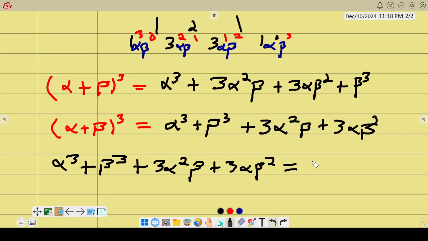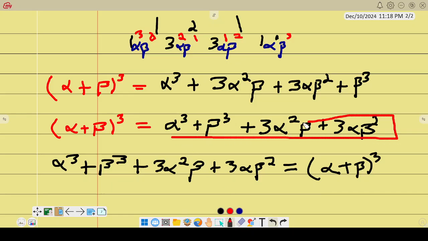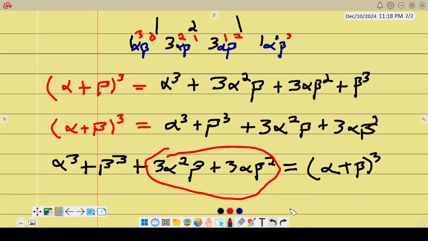All these are equal to alpha plus beta cubed. Okay, I think I've done justice. I've simply written these on this other side so that we can make this the subject, simply meaning these will go to the other side.